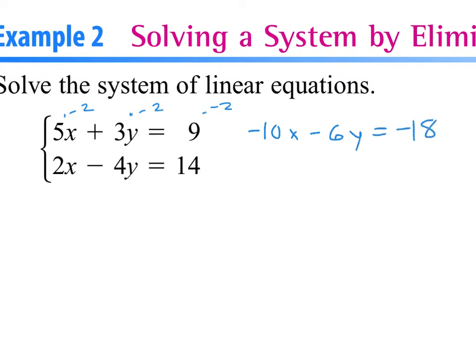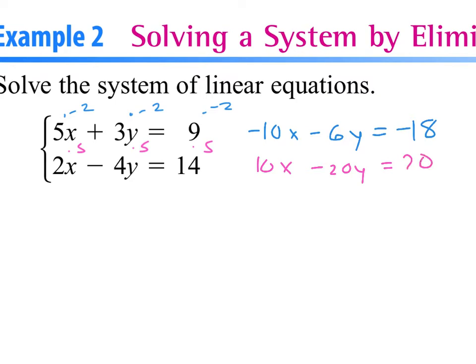What do we have to multiply by the second equation? 5. So everything gets multiplied times 5. So this is 10x minus 20y is equal to, what's 14 times 5? 70. Perfect.